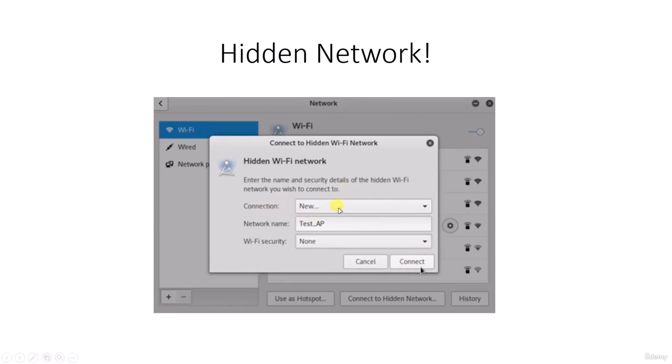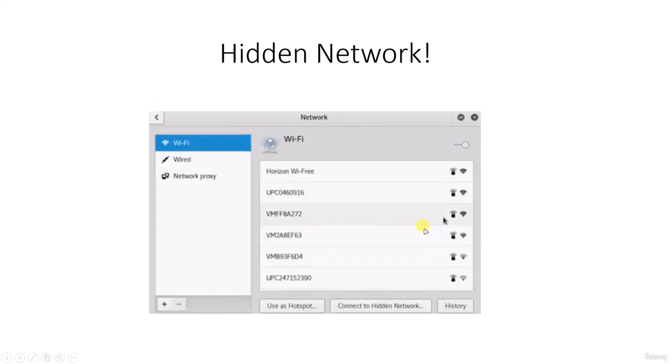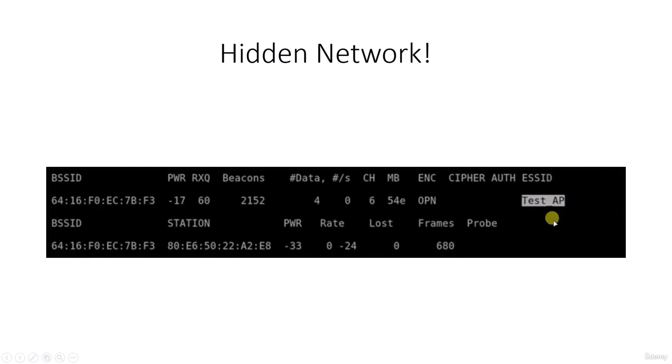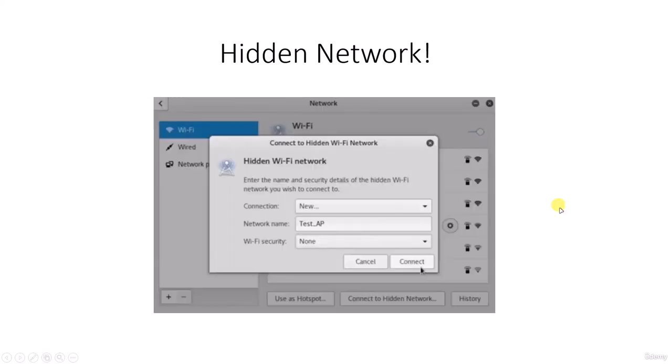In this connection we will set it as new, and in the network name we put test_ap, because our hidden network name is test_ap. You can select your Wi-Fi security like WEP or WPA2 and specify it here, but as our network has no security, we will just select none.